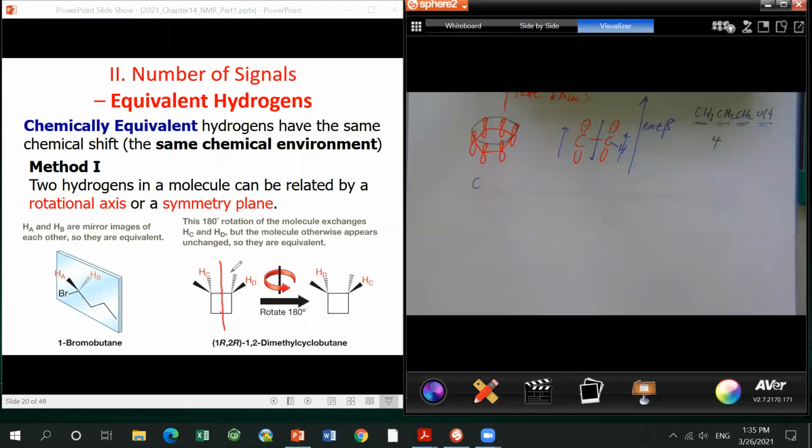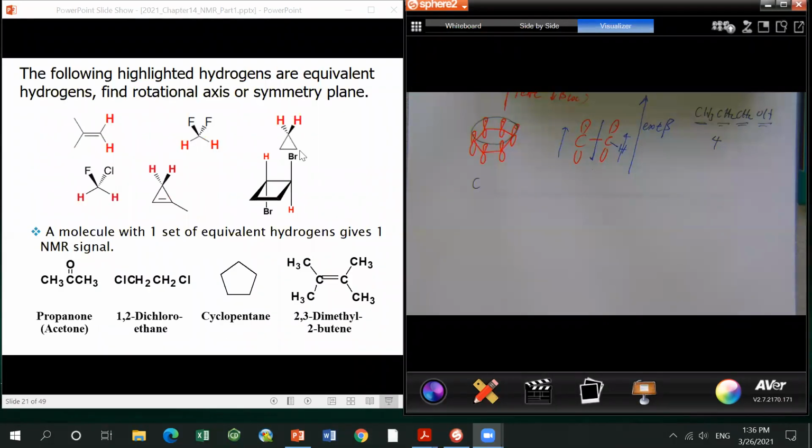Then you just rotate around this axis 180 degrees and you get exactly the same molecule. So HD will go here, HC will go here. That's why we say HC and HD are related by a rotation axis. These two have the same chemical shift. That's how we determine whether two protons have the same chemical shift or not.